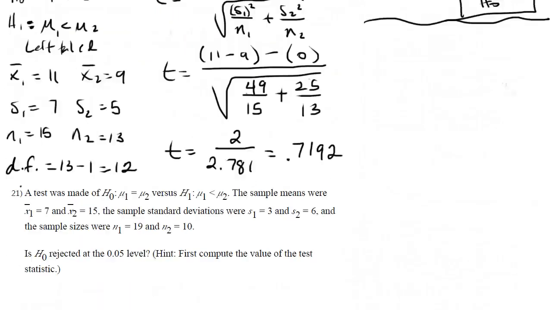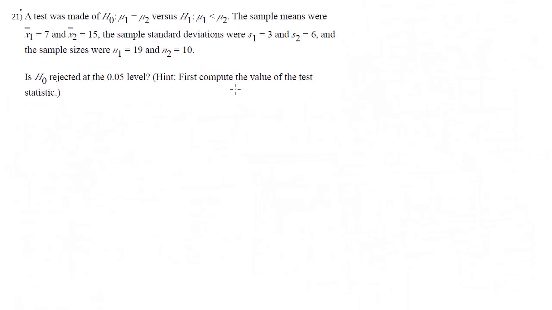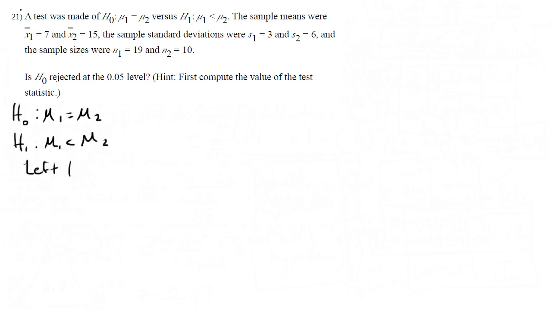Looking at number 21. Again, our null hypothesis, and our alternative hypothesis, mean 1 less than mean 2. This is also left-tailed. Sample means, x bar 1 is 7, x bar 2 is 15.